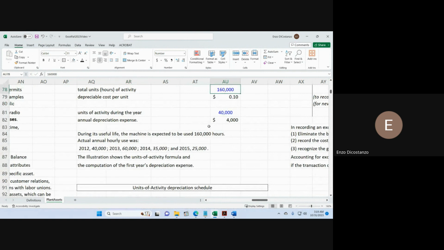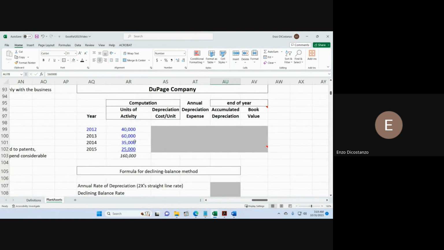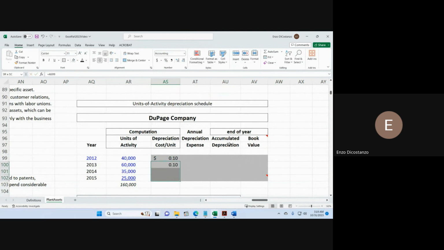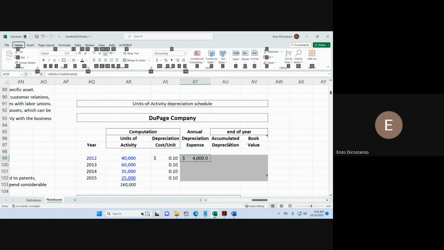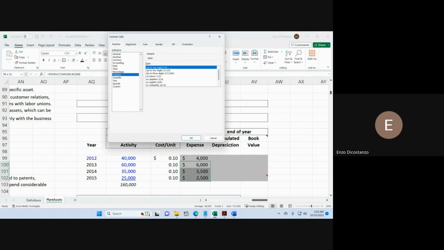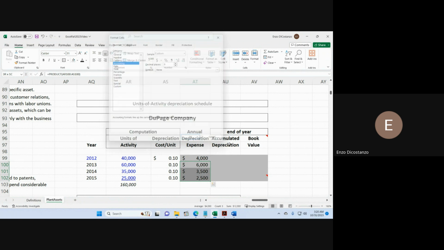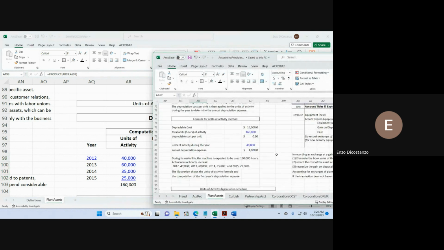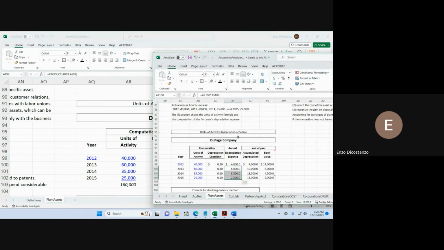Come up here, that's your 160,000. So we checked all those. Cost per unit is just that 10 cents. And the annual expense is that product: 4,000, 6,000, 3,500. Yeah, 4,000, 6,000, 3,500. All those.